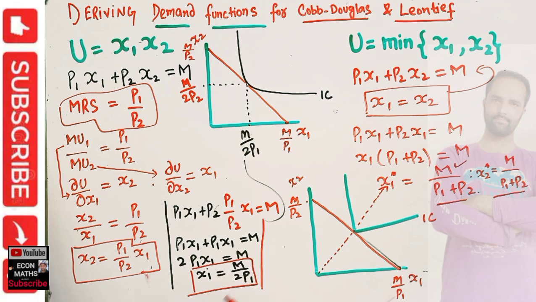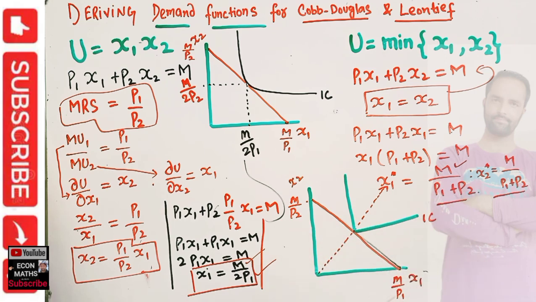But in case of the Cobb Douglas utility function, demand for a good was a function of only income and its own price. Okay, so you can see the difference here. In case of the Cobb Douglas utility function, demand for a good was a function of income and the price of this good itself, not on the price of the other good, what we call x2.